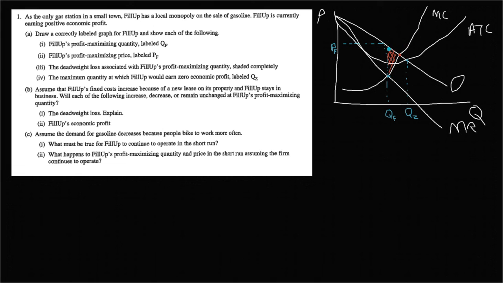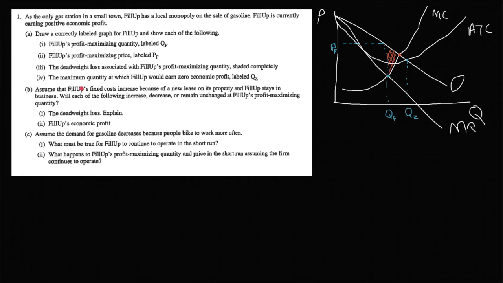The marginal cost is what affects the deadweight loss, because if we said the marginal cost curve was over here, this is not what you would draw in your test, but then you would draw this. So the marginal cost is what affects this deadweight loss, not the fixed costs.